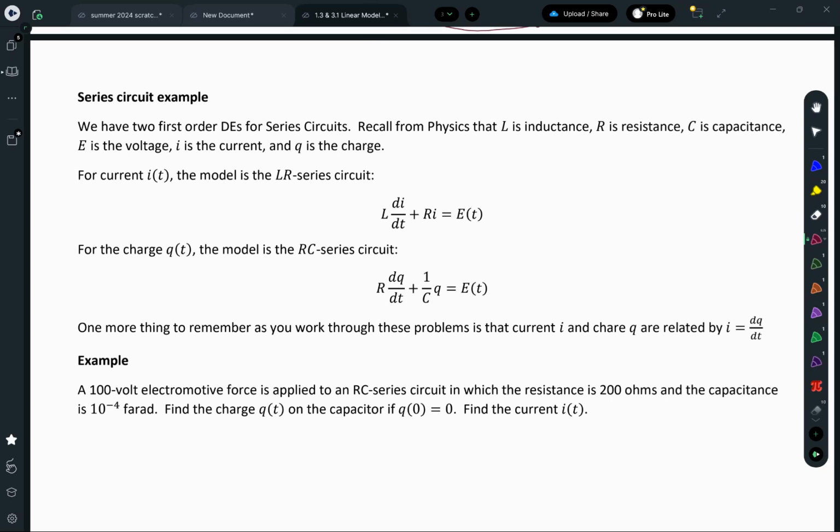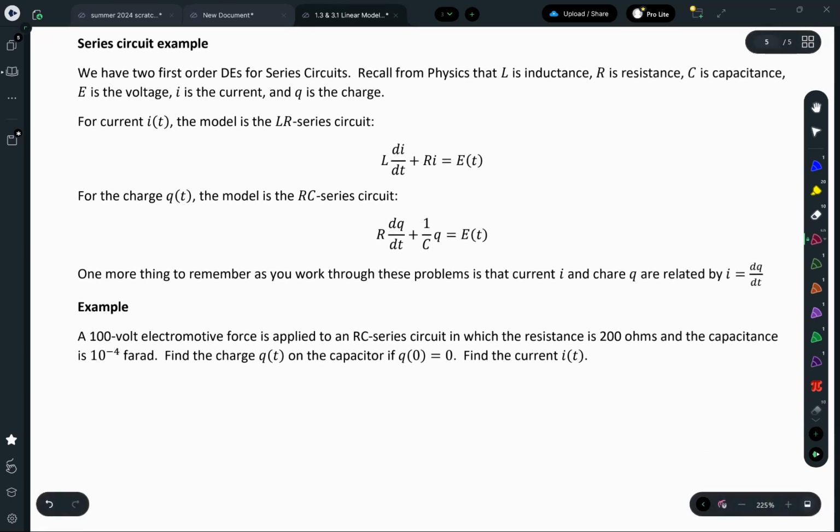And that one is R dq dt plus 1 over C Q equals E of t. One more thing to remember as you work through these problems is that current I and charge Q are related by I equals dq dt, okay?